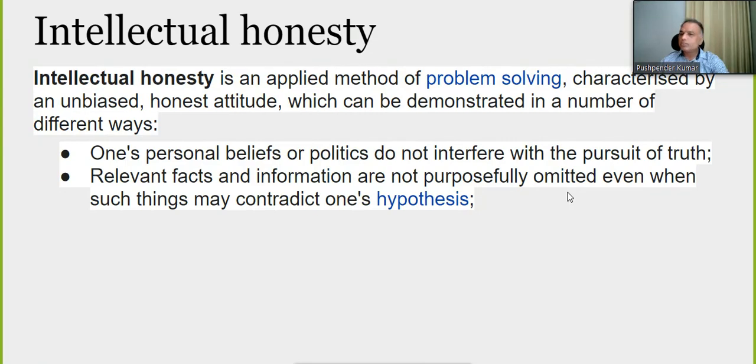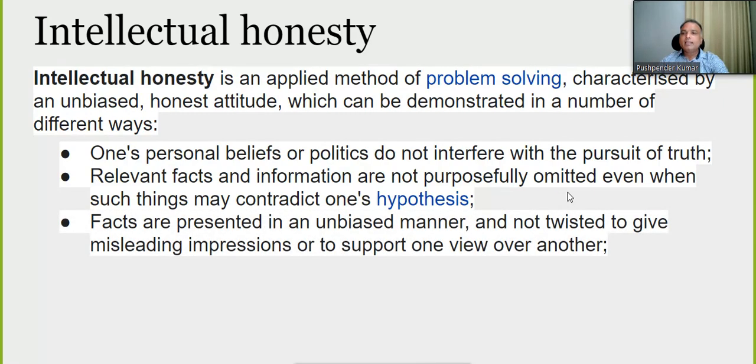The community, society, places, there may be different factors which can affect your research or your respondents. So it's not necessary that what has been done earlier would be repeated with the same outcome. That would be another example of intellectual honesty: whatever research outcome you have, you should remain with that. You should not modify it, you should not manipulate it. And then facts are presented in an unbiased manner.